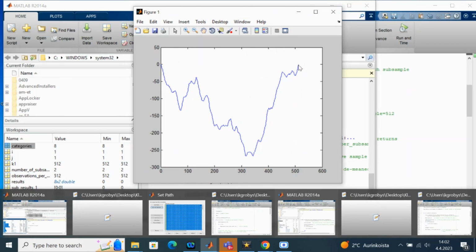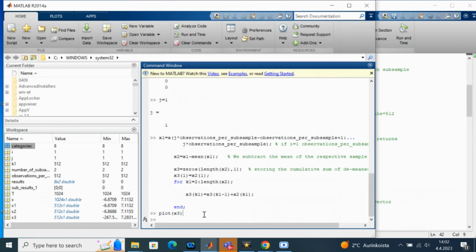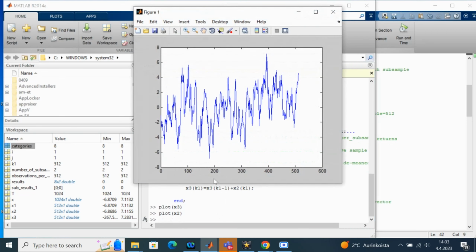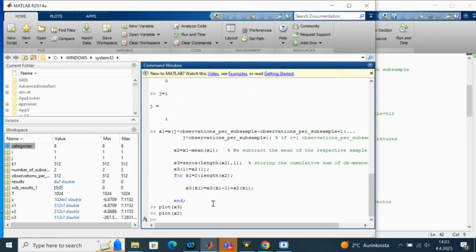So the difference between this time point and this time point is divided by what? By the standard deviation of x2, which is the demeaned series. Let's plot x2 also so that you see that this should be a stationary process, and this is usually what it is. So we have to take the standard deviation of this in the denominator.